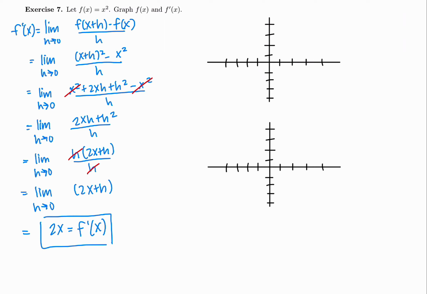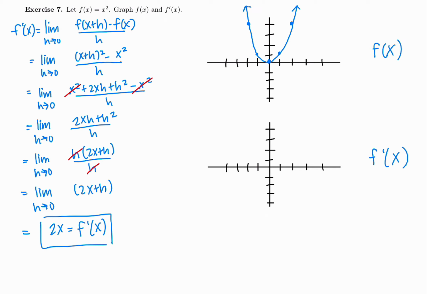So I'm going to graph f of x up here and f prime of x down here. So f of x is just x squared. So it goes through the point 0, 0. It goes through 1, 1. It goes through 2, 4. It's just our basic parabola. So it looks kind of like that.